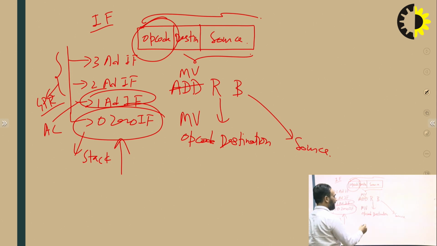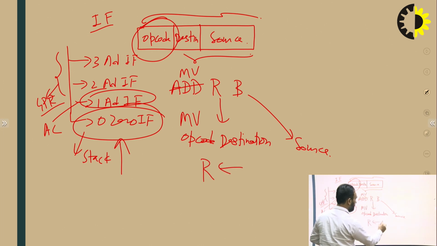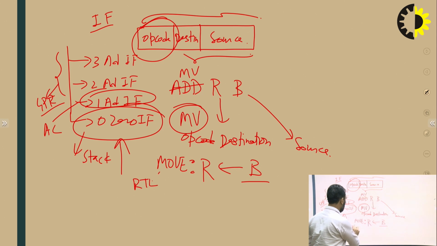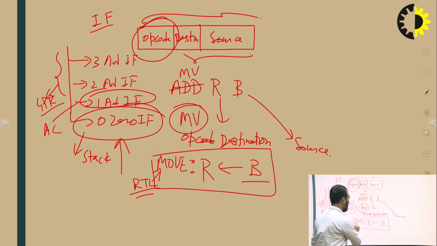So the meaning is that R1 will contain the value of B. As we know, the left side will store the value of the right-hand variable, and the operation is move, separated by a colon in RTL, register transfer language. That is basically the representation of an address in an instruction format.